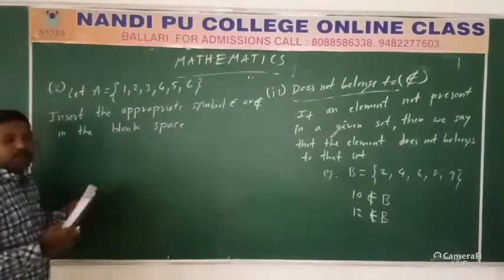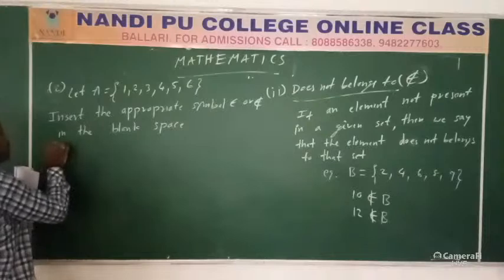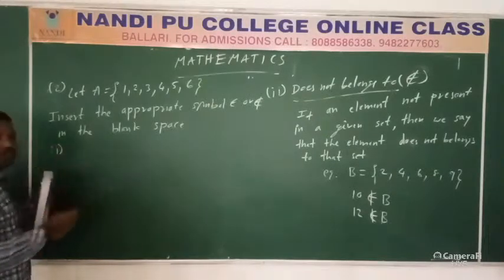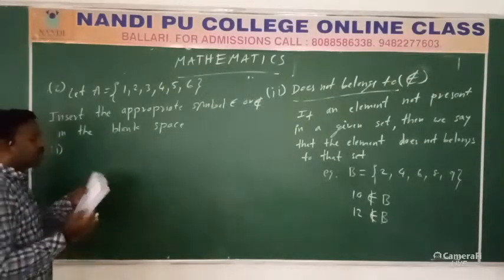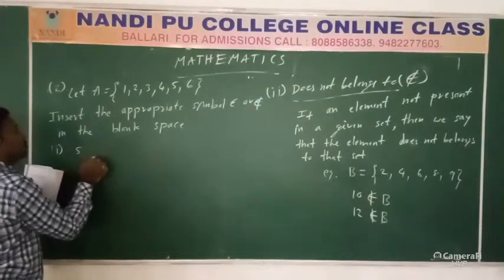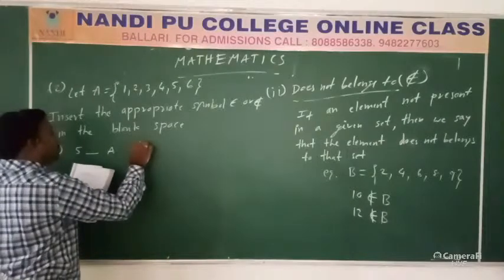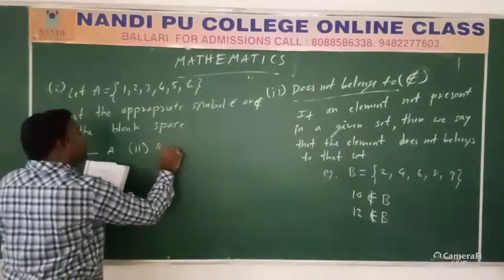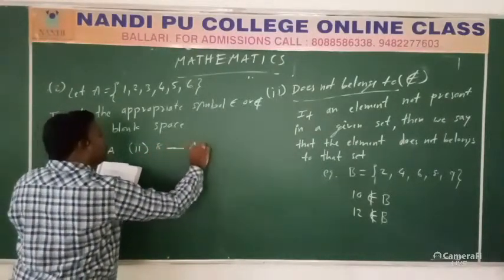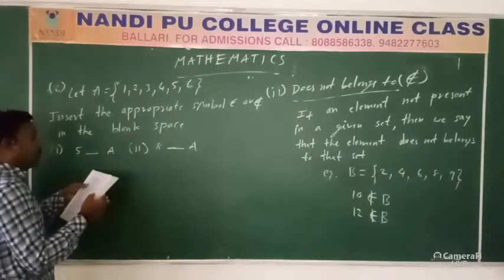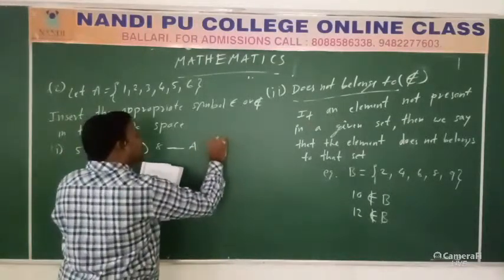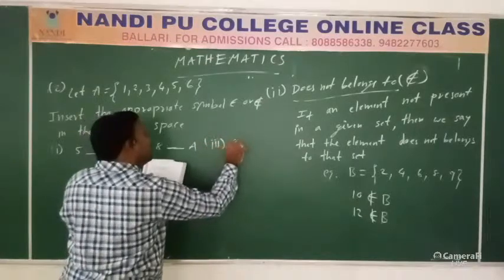In sub question 1, 5 dash A. Next, 8 dash A. Third one, 0 dash A.